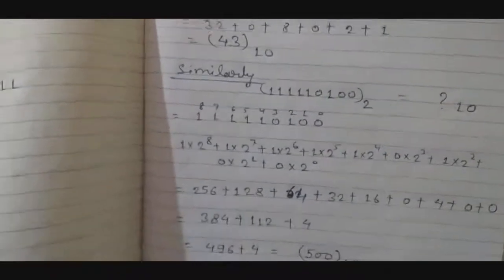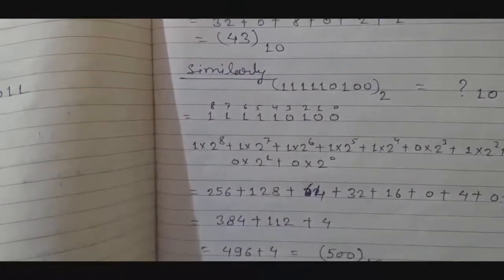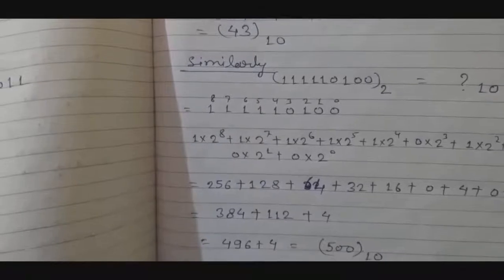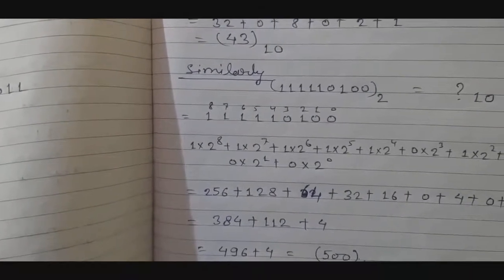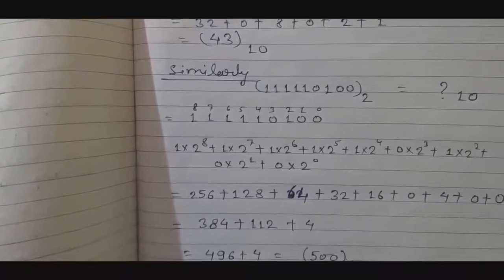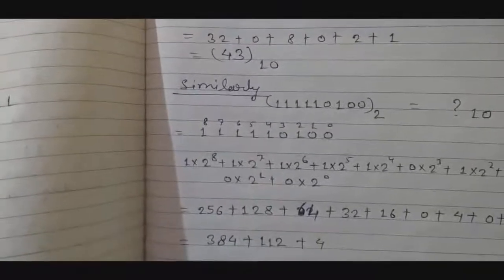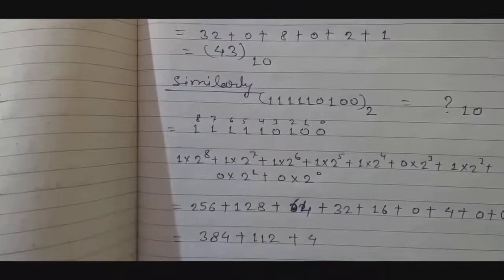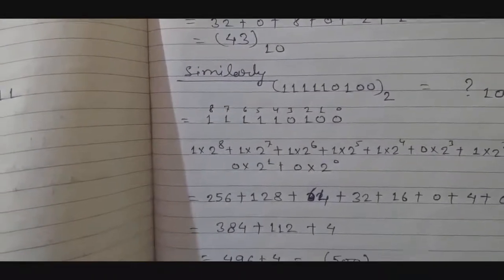Now here you can see 1 into 2 power 8, meaning power of the place value multiplied by the digit. So 1 into 2 power 8 plus 1 into 2 power 7 plus 1 into 2 power 6 plus 1 into 2 power 5 plus 1 into 2 power 4 plus 0 into 2 power 3 plus 1 into 2 power 2 plus 0 into 2 power 1 plus 0 into 2 power 0.